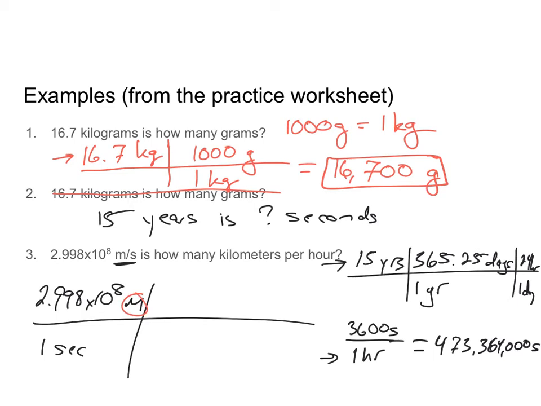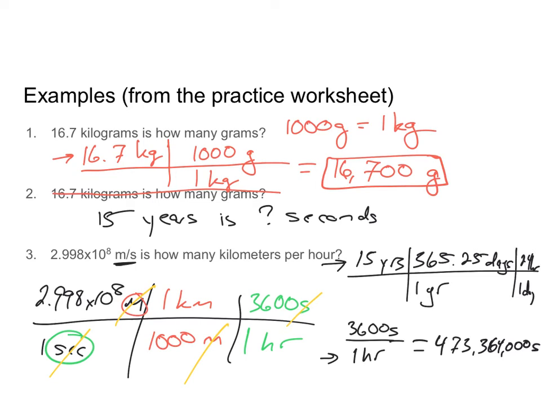Well, we're going from meters to kilometers, so I know that there are 1,000 meters in 1 kilometer. And at the same time, I am going from seconds to hours. So I know that there are 3,600 seconds in 1 hour. And if I look at how my units work, my meters cancel with meters, my seconds cancel with seconds, and I am left with a kilometer per hour.